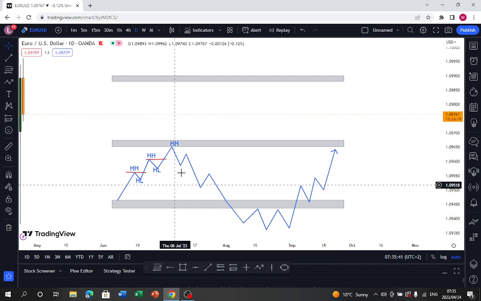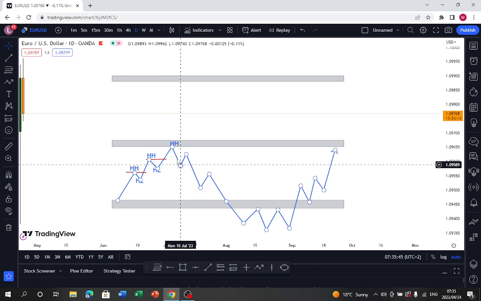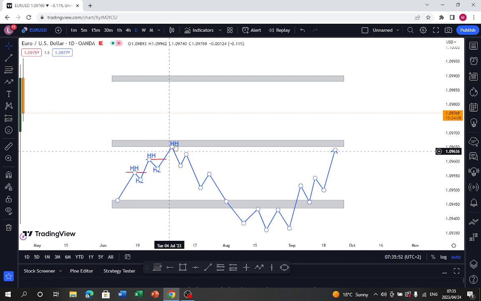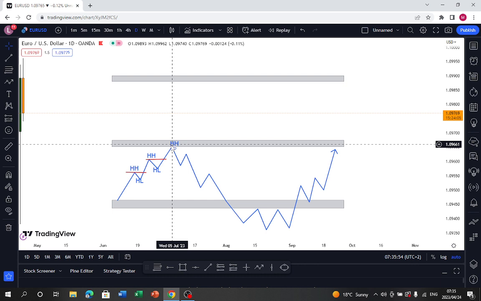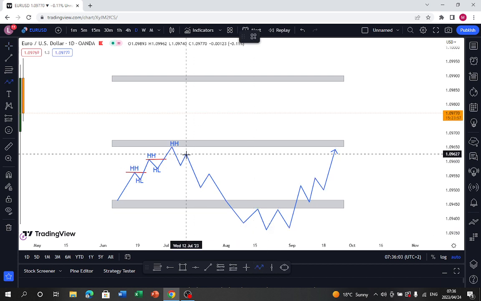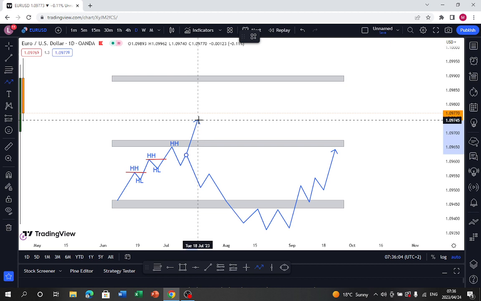Then the market came back and created this higher high, right? After it broke this higher high with this higher low, it created this higher high. Then the market came back here and created this. So we anticipated, this is what we had in mind, we were expecting the market to go above, right?